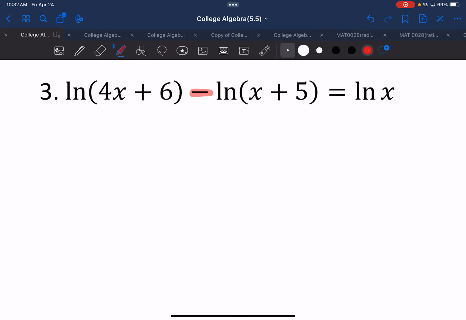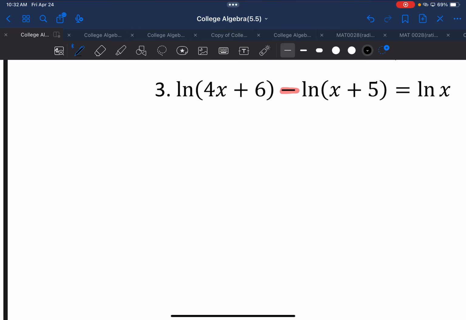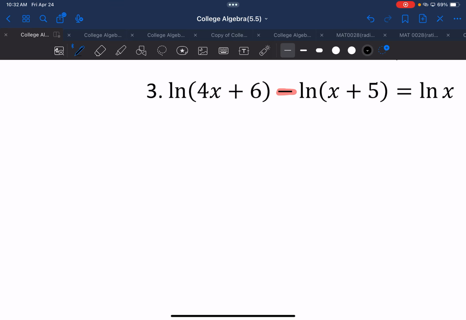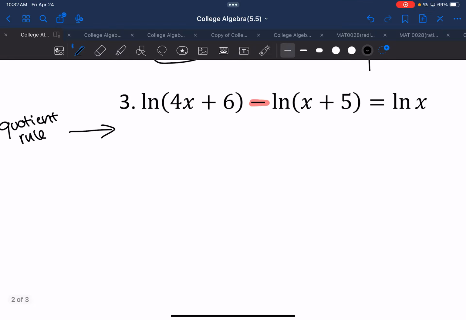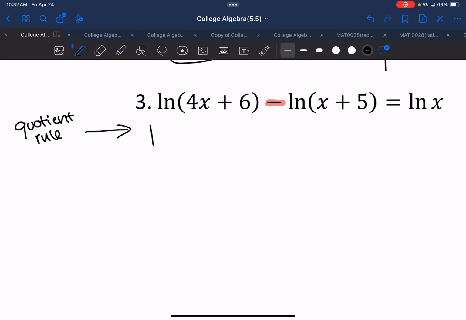The division. And that's called the quotient rule. So this would be ln of the first one, 4x plus 6, divided by x plus 5.